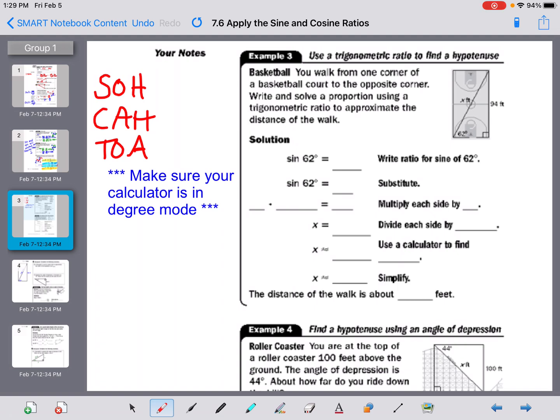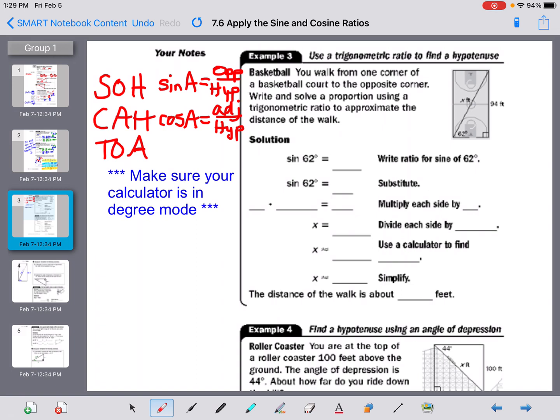So, what does SOH mean? SOH means sine of the angle equals the opposite over the hypotenuse. Notice the S-O-H, SOH. CAH is cosine of the angle equals the adjacent over the hypotenuse. CAH, C-A-H.